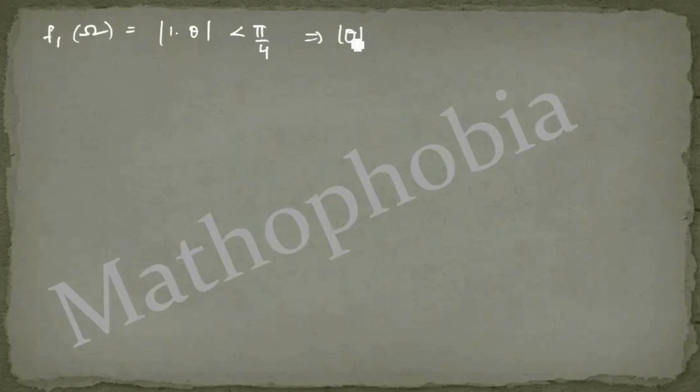So for f1 of omega, the imaginary part is n theta, and n is 1 here, so 1 into theta, mod theta is less than pi by 4. So option 1 is correct.